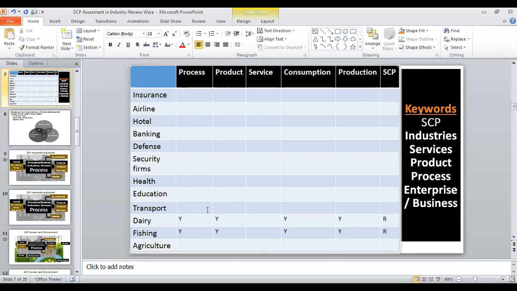Transport. How do you see transport when it comes to this? Process, product, it's a service. I said yes to service. You are using transport.